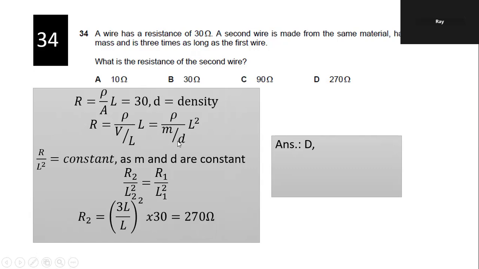Mass and density are constant, same material, so volume is constant. No need to calculate again. Then get this formula, this is the original one, this is the new one, then put in whatever is given here.